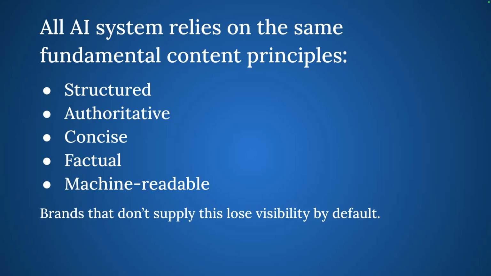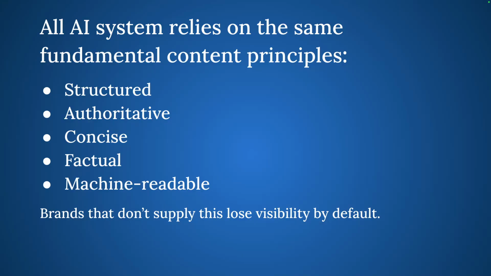So structured means that your content needs to be structured in a certain way. Structured means that it's schema 2.0, right? It's where content is structured so that machines can take it and parse it, summarize, synthesize, and give it out to a prompt that's being asked.